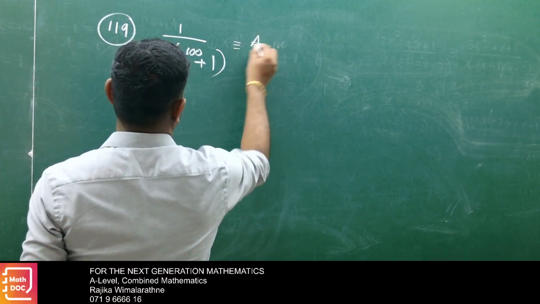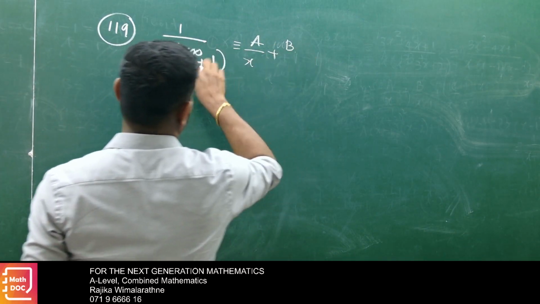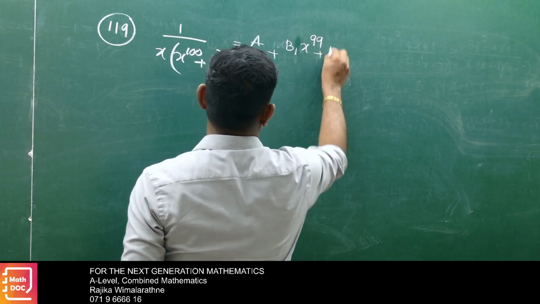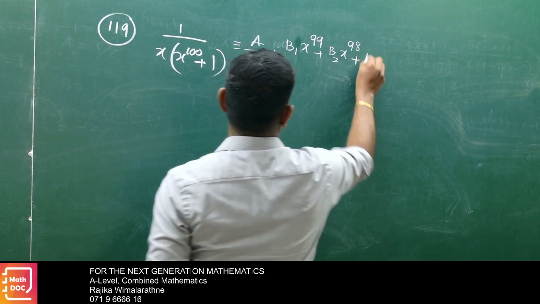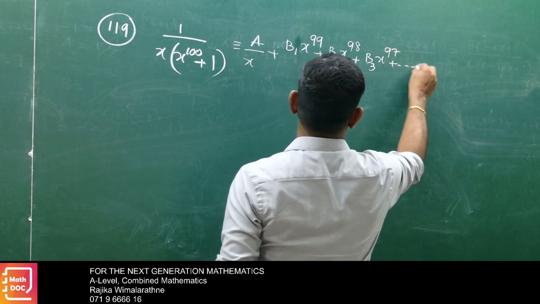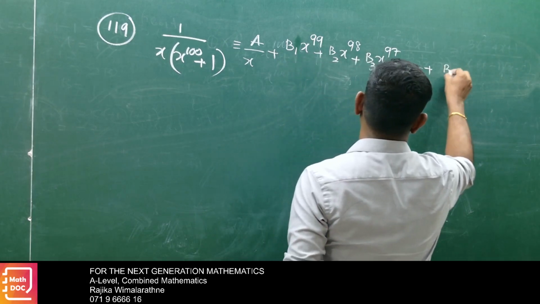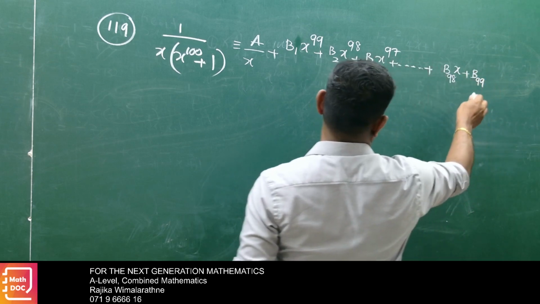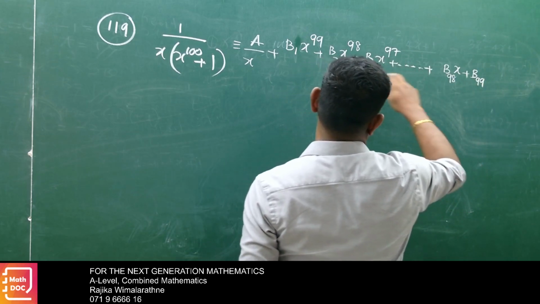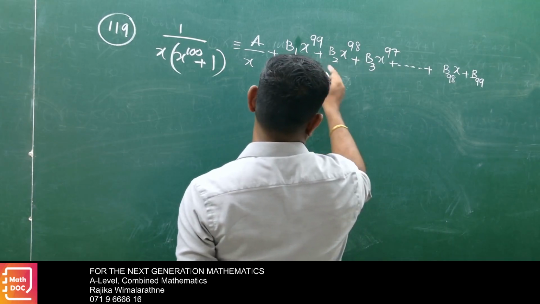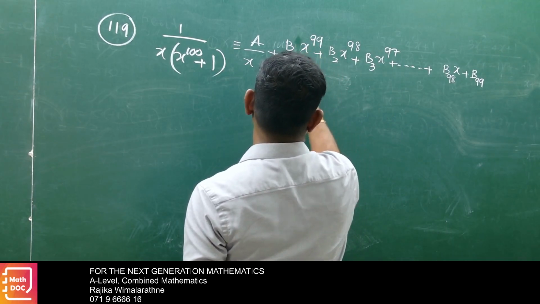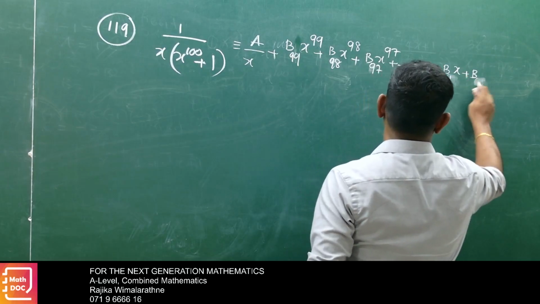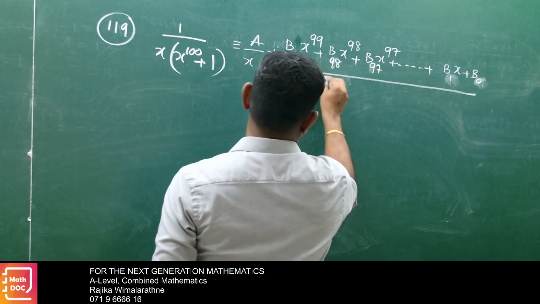Here the general form: a over x, plus b99 x to the power 99, b98 x to the power 98, b97 x to the power 97, and so on, down to b1 x plus b0, over x to the power 100 plus 1.